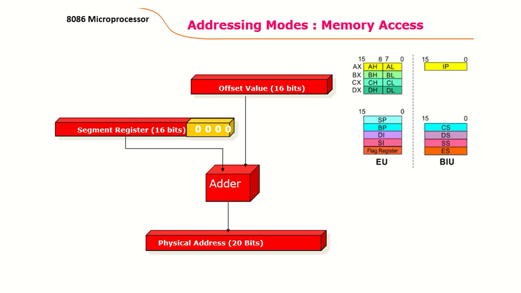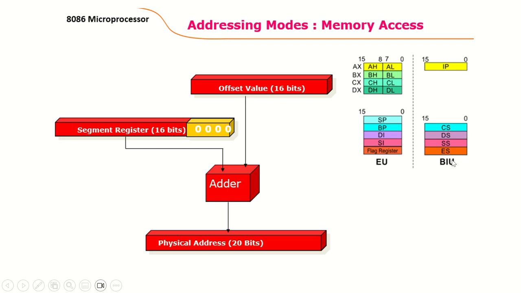Alright, how is that 20 bit physical address generated with the help of the 16 bit registers? What you can see are the offset registers. SI, DI, BP, SP, these are all offset registers.